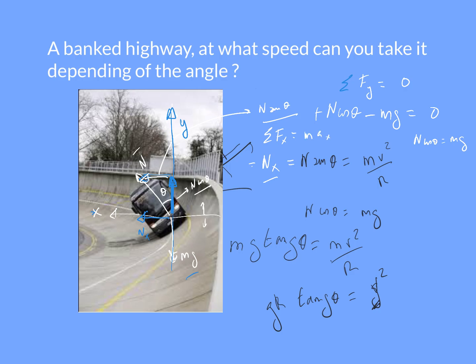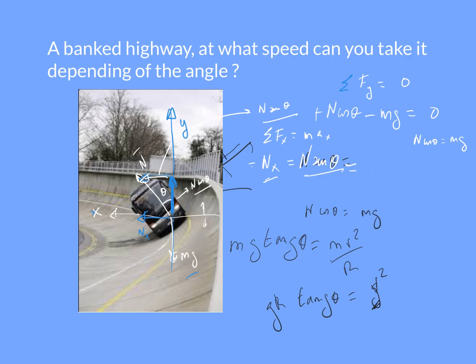What is the sum of all the forces in the x direction? Nx. What is Nx? Nx is N sine of theta, and it is equal to the mass times the acceleration. What is the acceleration? Let me erase here.